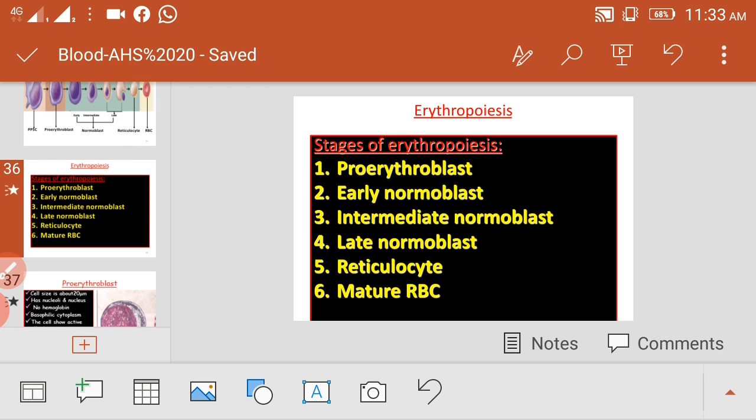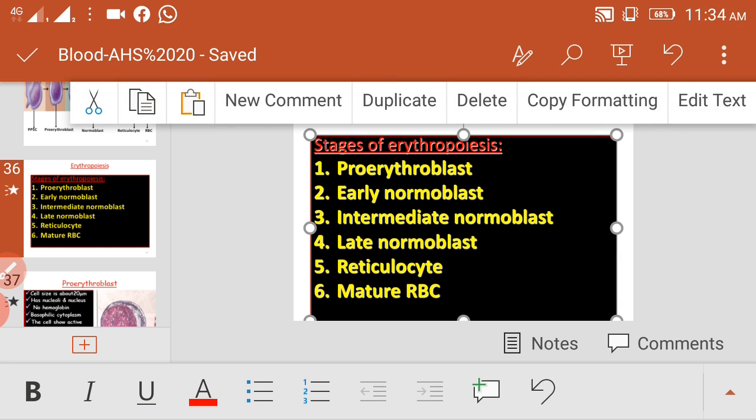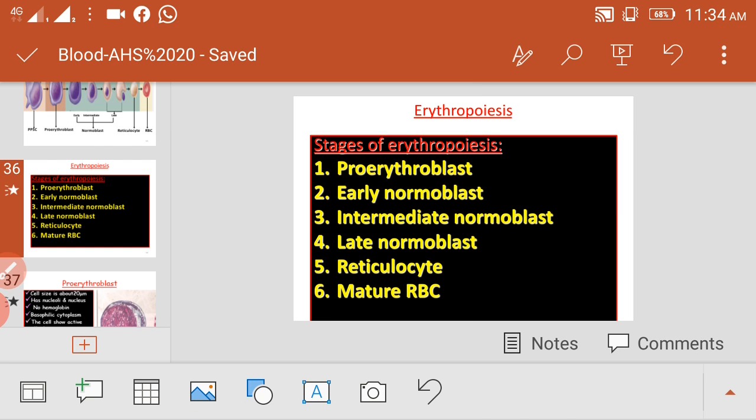So the erythrocytes develop from the pluripotent stem cell. The pluripotent stem cell will form a committed stem cell, that is a proerythroblast, then early normoblast, intermediate normoblast, late normoblast, reticulocyte and mature RBC cells.